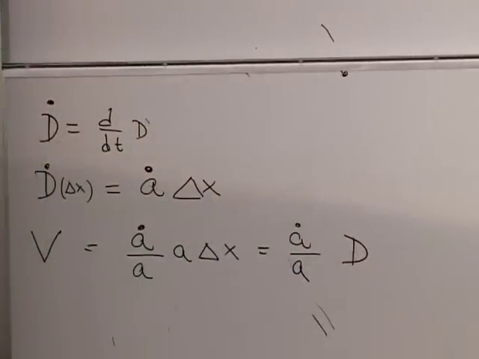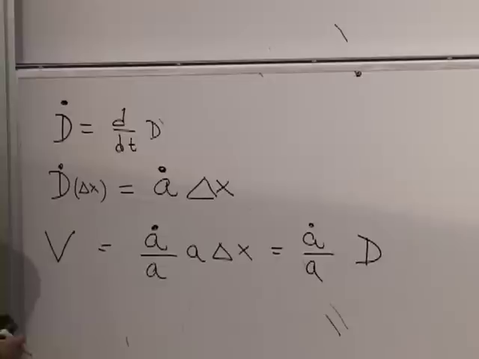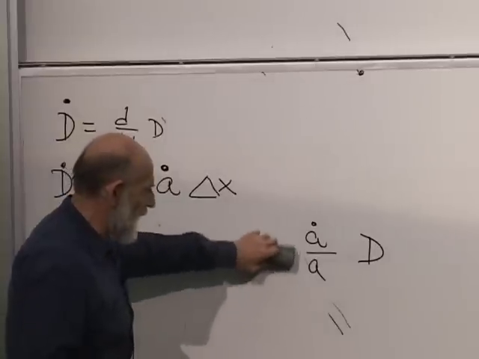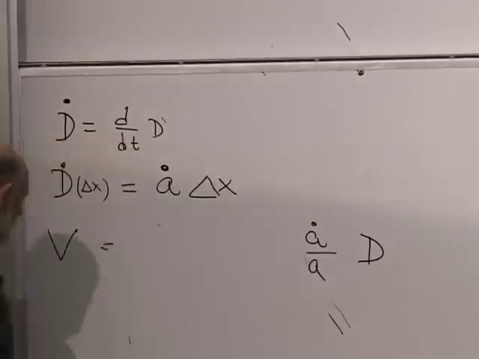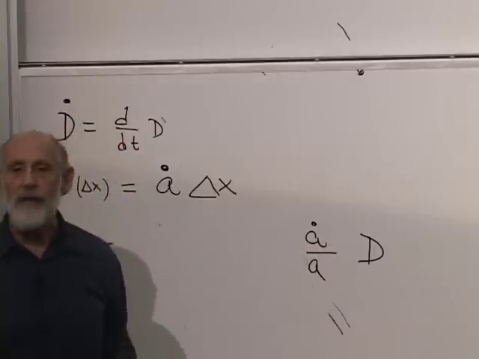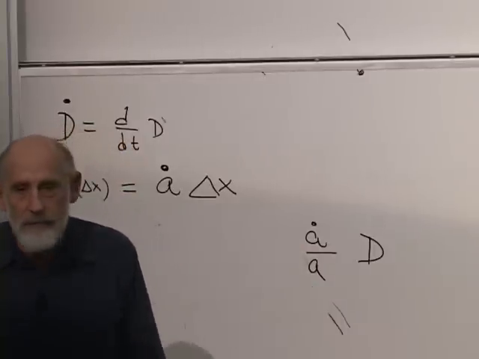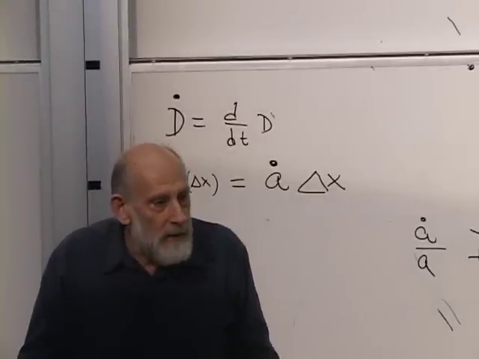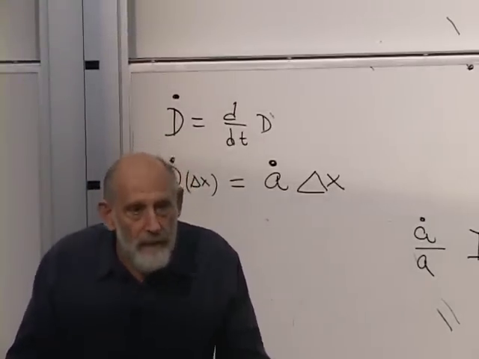Now I've discovered something interesting. The velocity of recession, well, I haven't discovered anything interesting yet, but I will have discovered something interesting in a moment. Does A dot and A depend on which galaxies I'm talking about? No. A and A dot are the same for every galaxy.